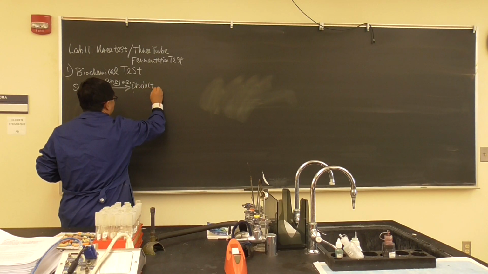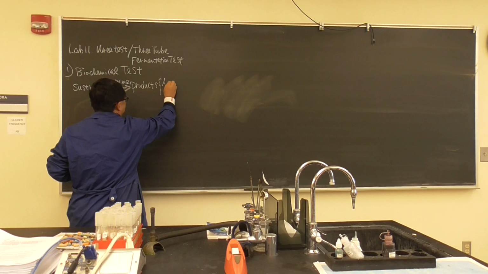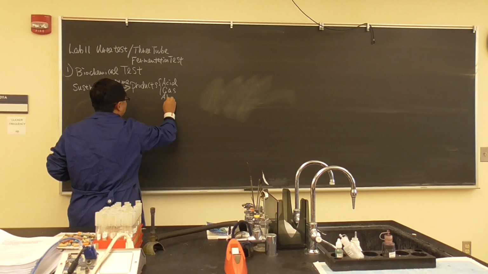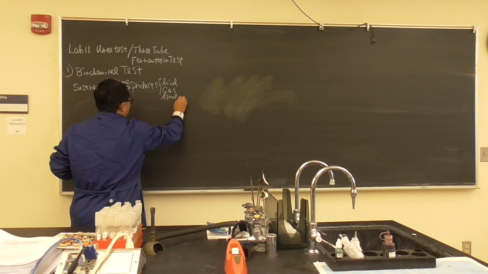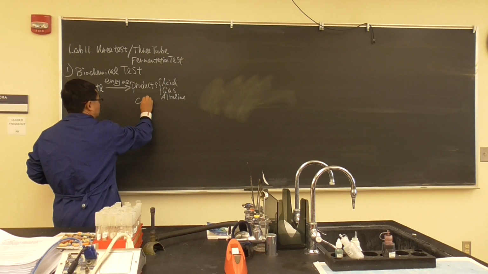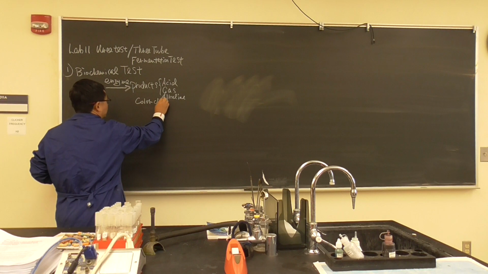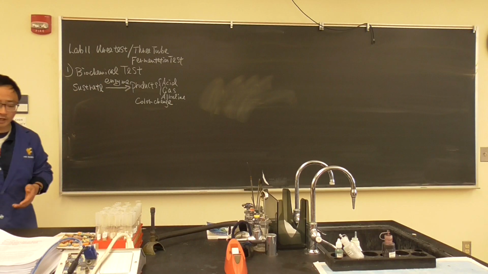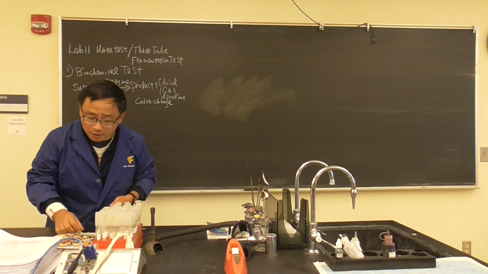The products are often acid, gas, or alkaline material, and this will cause a color change lots of the time. Based on this, we can determine what type of bacteria it is.